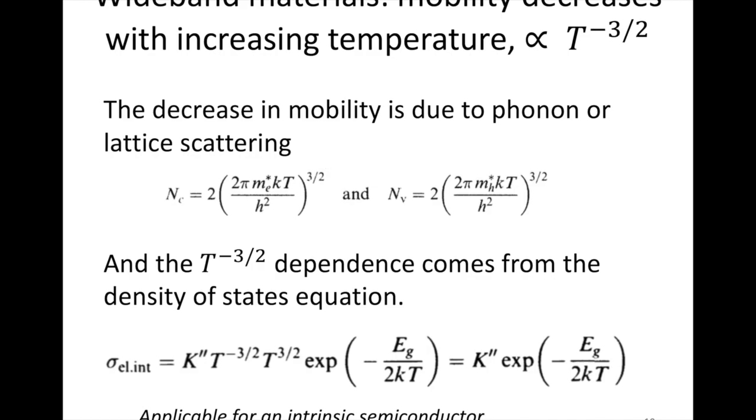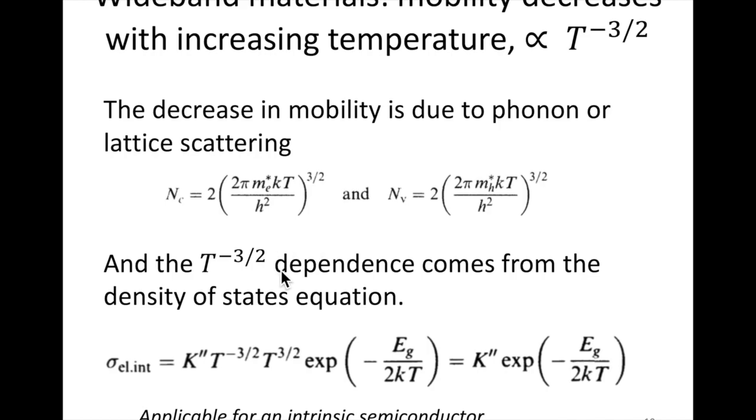And so effectively the scattering that we have decreases the mobility. So the higher the temperature, the more that electrons or electron holes are slowed down in the lattice, and therefore the mobility slows down, and that would affect the overall conductivity. And if you're wondering where this T to the minus 3 halves comes from, it comes from the density of states.